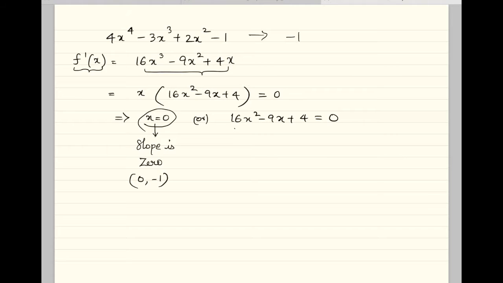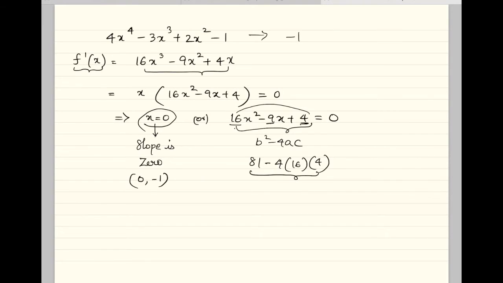Now you solve this quadratic equation. Before solving you can easily see that this 16 and 4 are very big numbers, and 9 may get dominated by these two, right? So let's find the discriminant first. Discriminant is how much? B square minus 4ac, that is 9 square 81 minus 4 into 16 into 4.